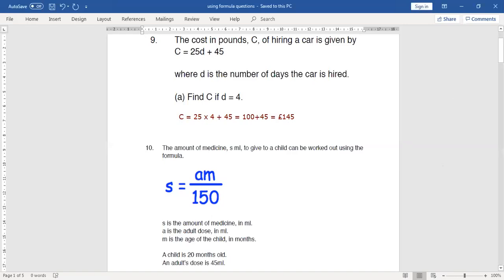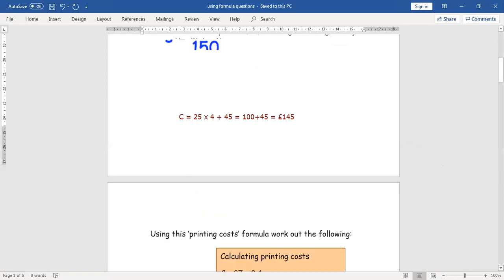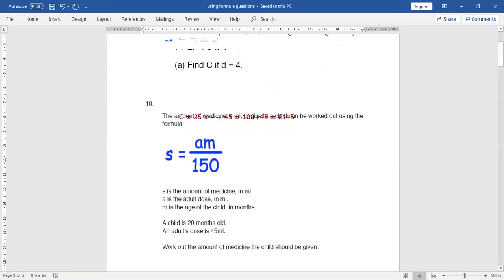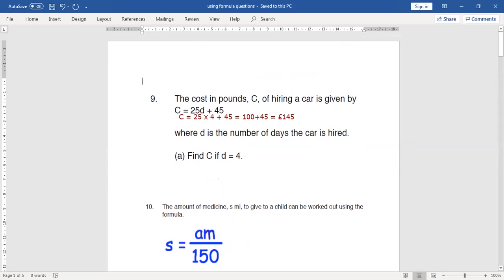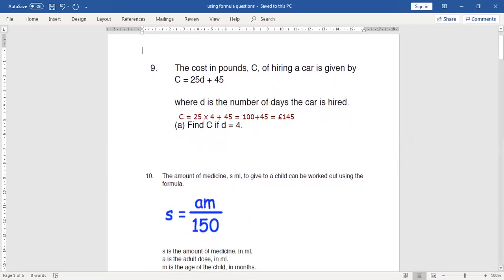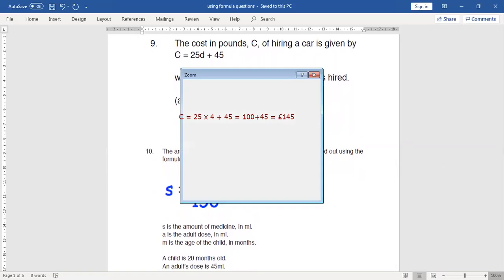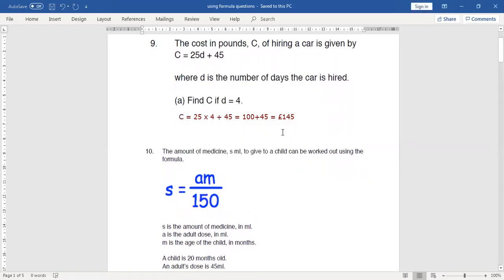Right, so if I go down now, look at the next question. The next question says the amount of medicine, S ml, to give to a child can be worked out using the formula S equals AM over 150.